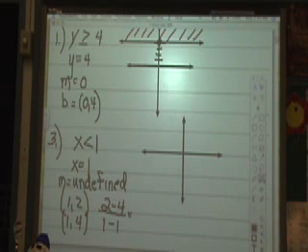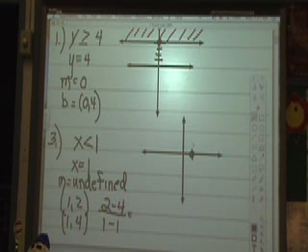All right, so we're going to plot a point where? We could do 1, 0, couldn't we? Yes, 1, 0. And then we know it's what kind of line? A vertical line. Dashed or solid? Dashed.